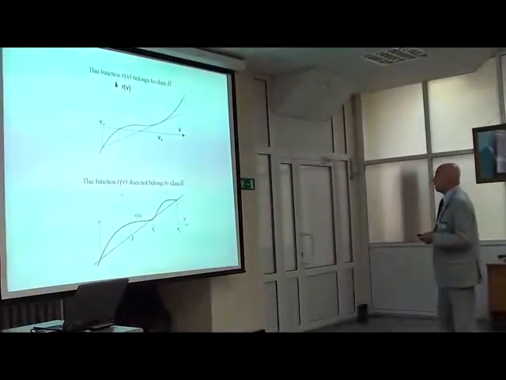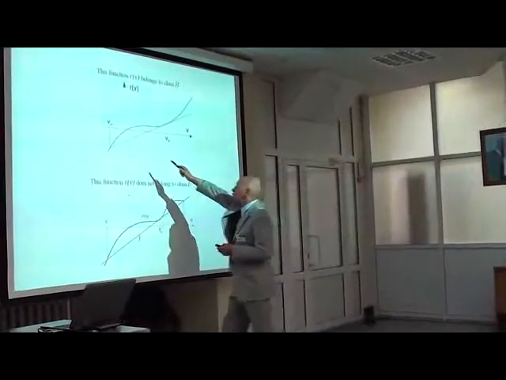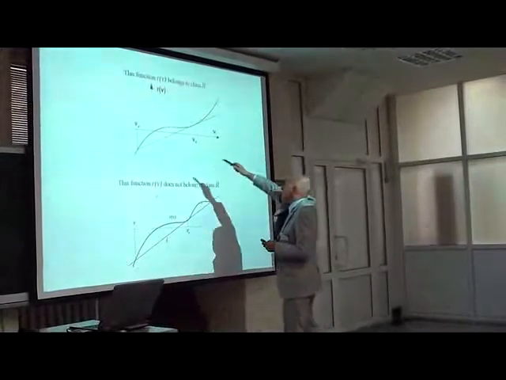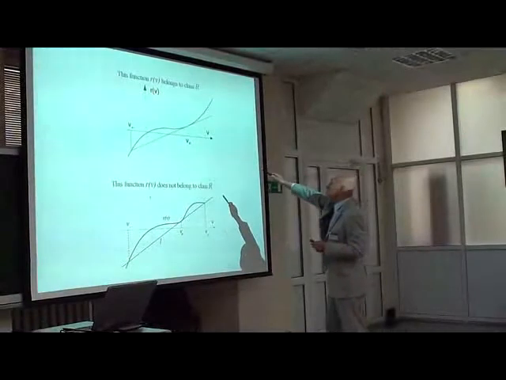Here you can see an example. This function R of V goes through this 0 point, and it is monotone, and here you see it is admissible function.